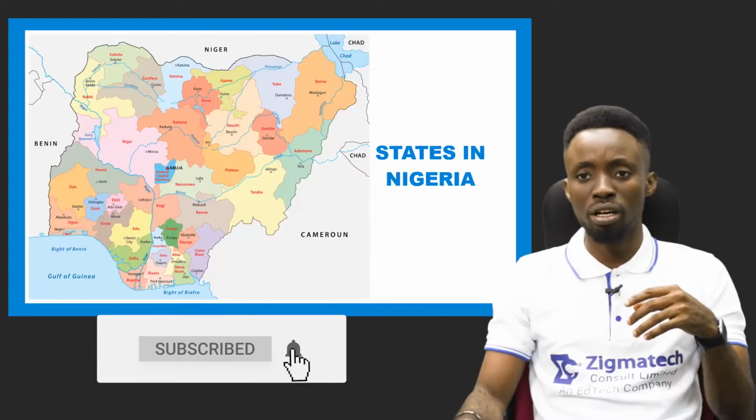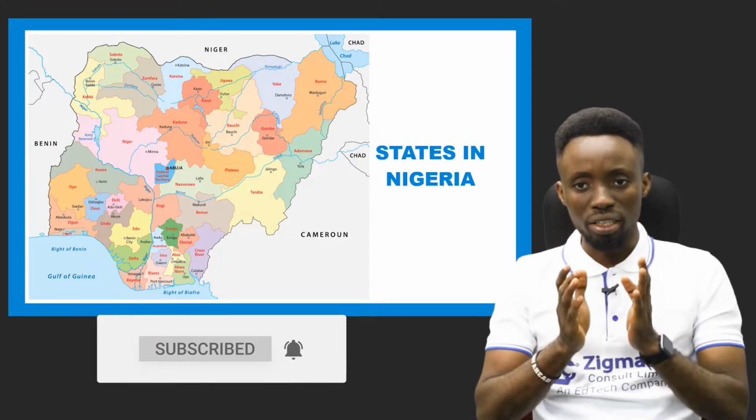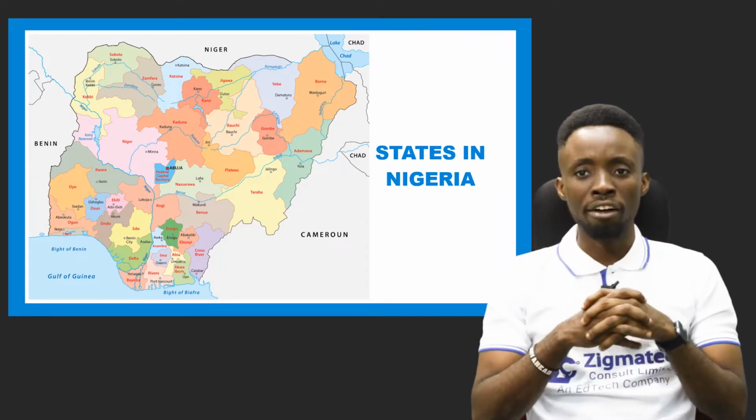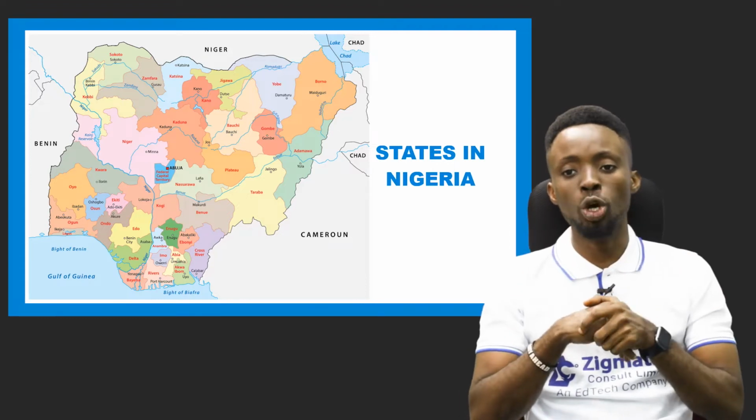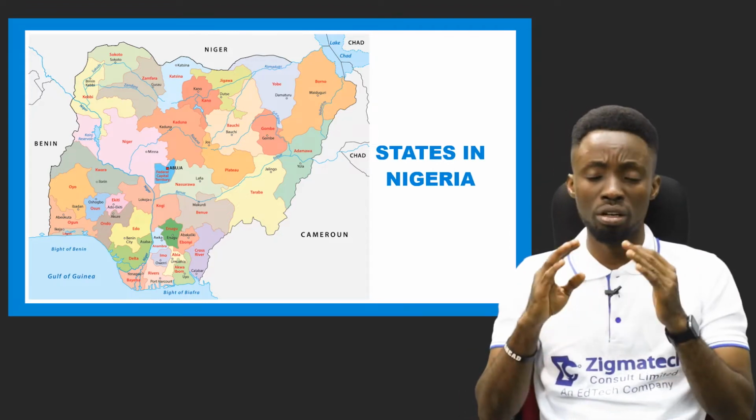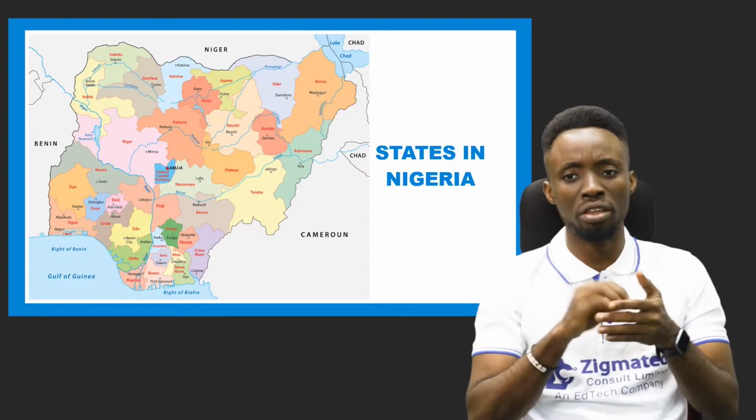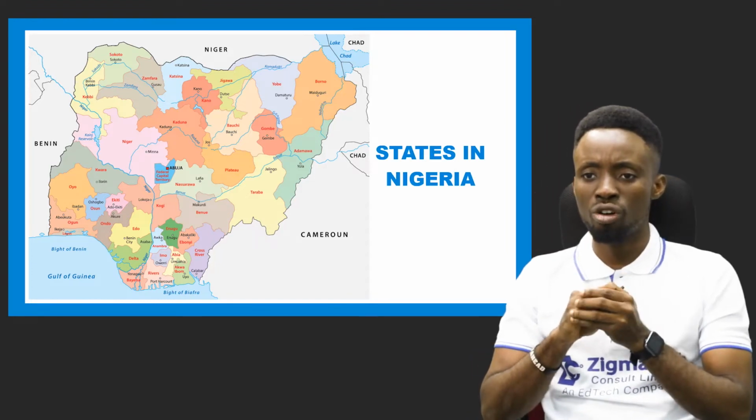So let's look at Nigeria. Now, as you can see on the screen, we have the map of Nigeria showing the 36 states of Nigeria and the Federal Capital Territory in the middle of Nigeria.